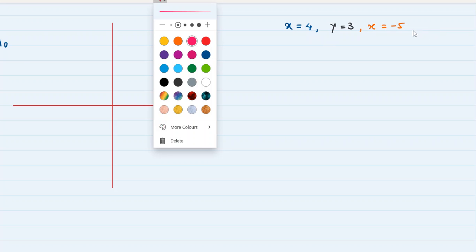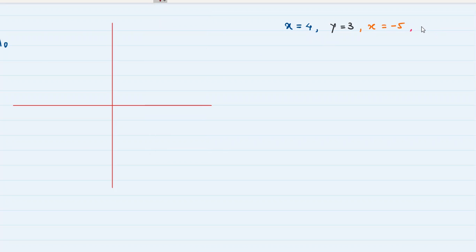Okay, and y is equal to -6. ठीक है, मैंने 4 इक्वेशन लिखे हैं.